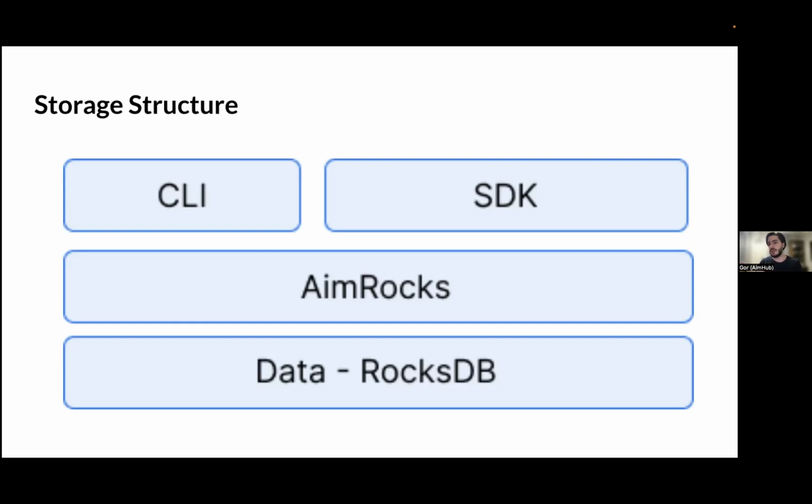Each database, each container, holds metadata related to a single run. And on top of that are the AIM CLI and AIM SDK, actually. So AIM SDK helps to track data and query data later if needed.